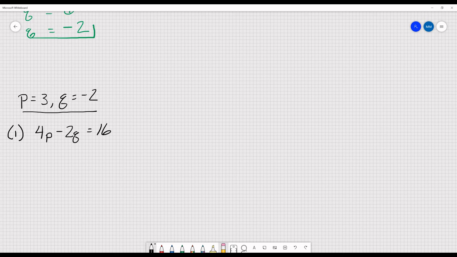Let's make sure that if p is 3 and q negative 2, that this does indeed work out. So we'll say 4 times 3 minus 2 times negative 2. We hope to find that to be 16. That's 12. 4 times 3 is 12. Negative negative gives me plus. 2 times 2 gives me 4. And yes, 12 plus 4 is 16.